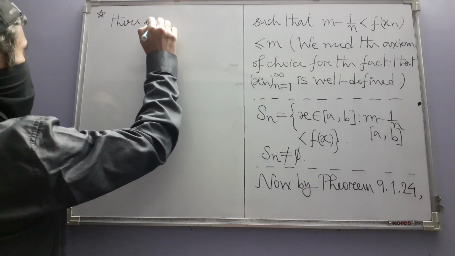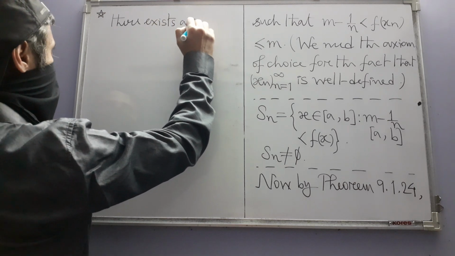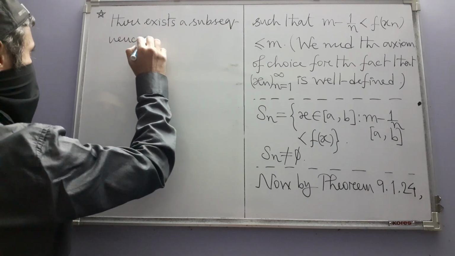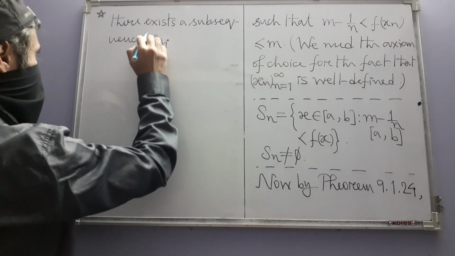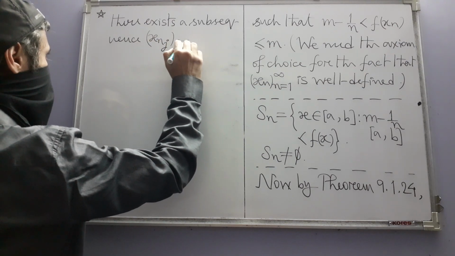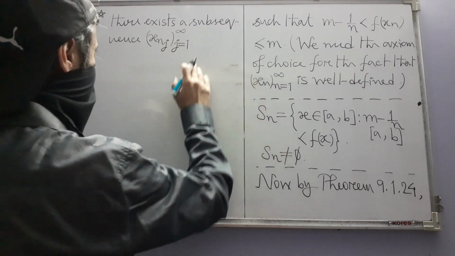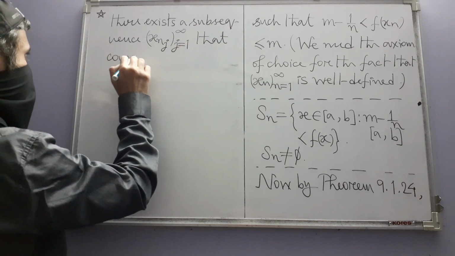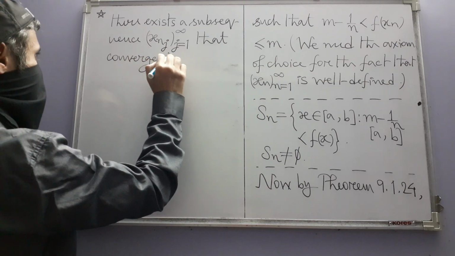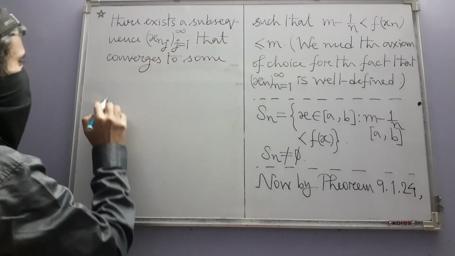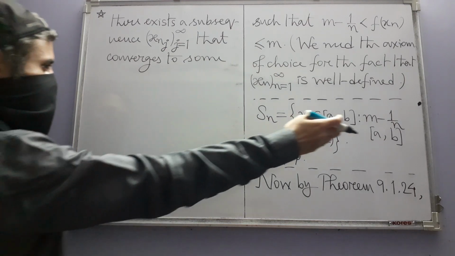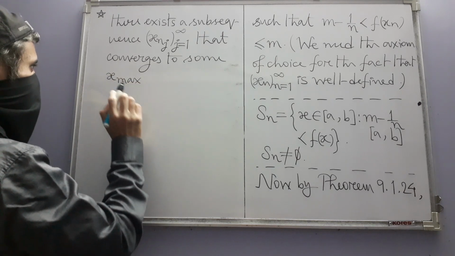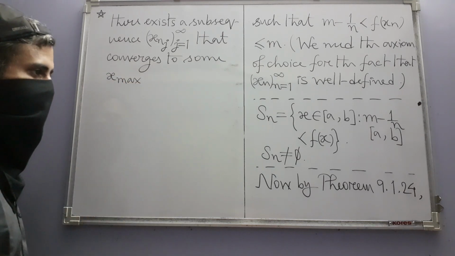There exists a subsequence x_{nj} of xn, of course, that is understood, that converges to some point inside [a, b] itself, and that point we are going to denote as x max.